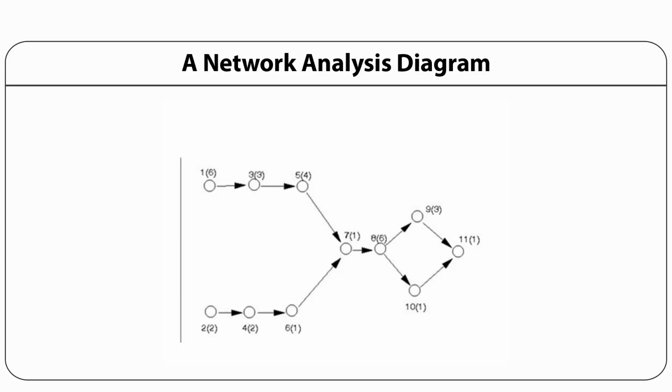In this particular diagram, you can see the number of the activity, the sequence of the activity and the time allotted to each activity from start to finish. And as can be seen, there are some activities which are carried out in a parallel manner and some activities which can be carried out only after the previous activity finishes.